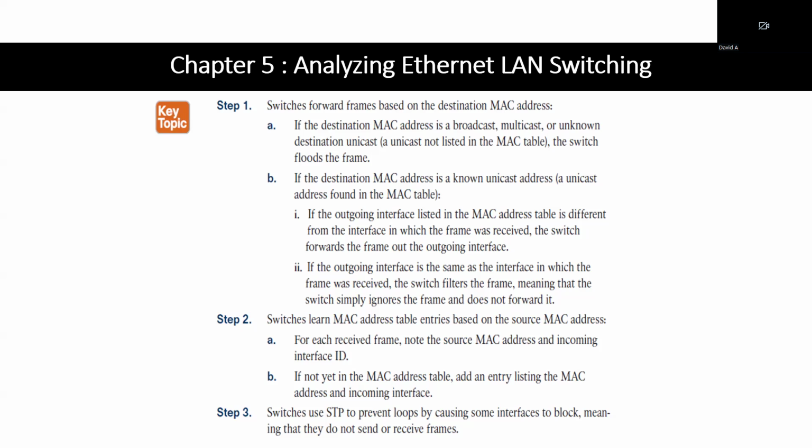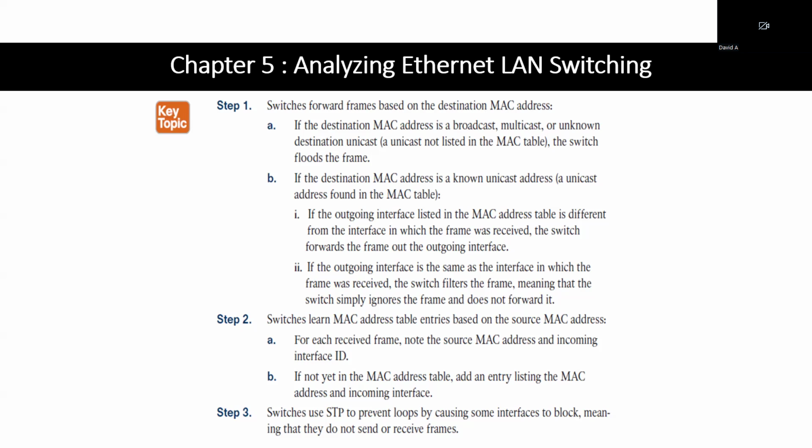The second part of step one, right, is B. If the destination MAC address is known, right, is a known unicast, meaning that that MAC address is within the MAC address table, right? It's either going to A, if the outgoing interface listed in the MAC address table is different from the interface in which the frame was received, the switch forwards the frame out the outgoing interface.